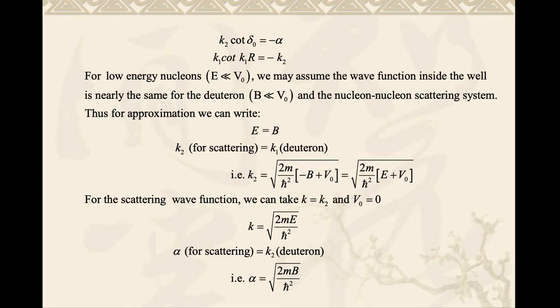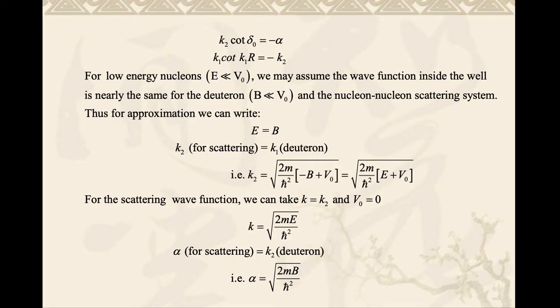For scattering, we have only one wave number K, no K1 and K2, only K is there. And for most of the time in scattering, K1 is only at the time of the scattering. So for the scattered wave, that means after scattering, outside the potential well, you are taking the value as K2.